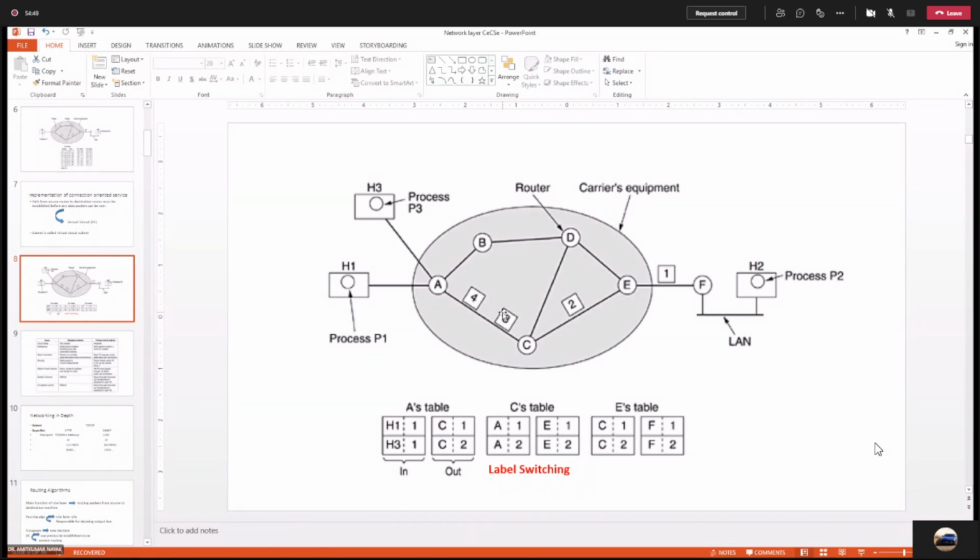So if router A's buffer gets full, this event is known as congestion. A is congested because A has no space available.